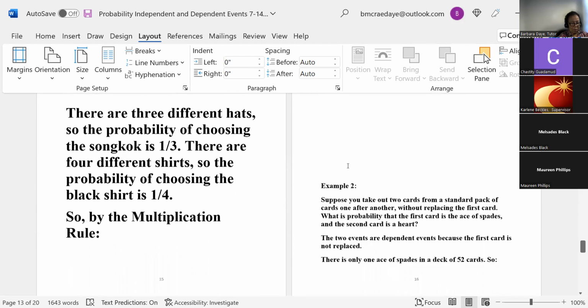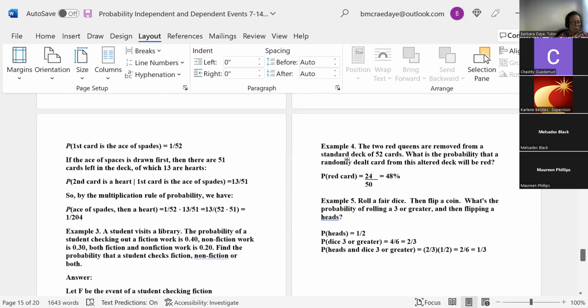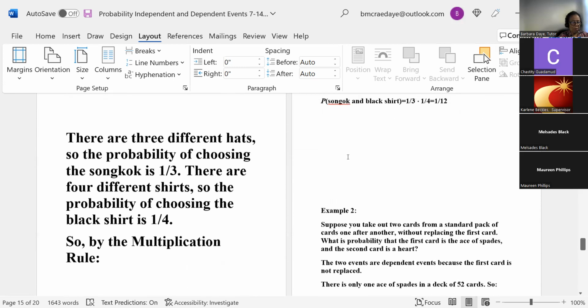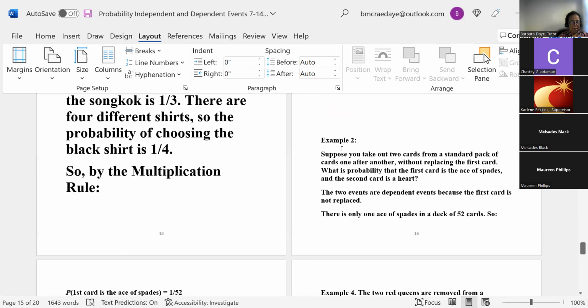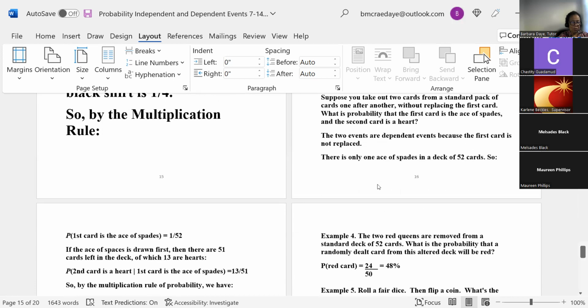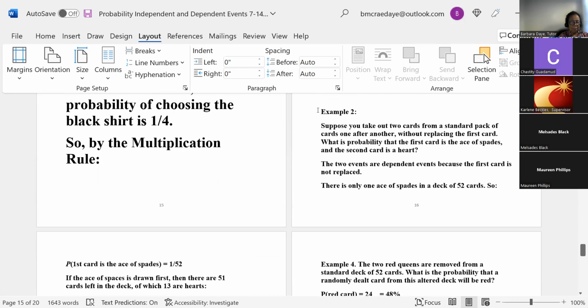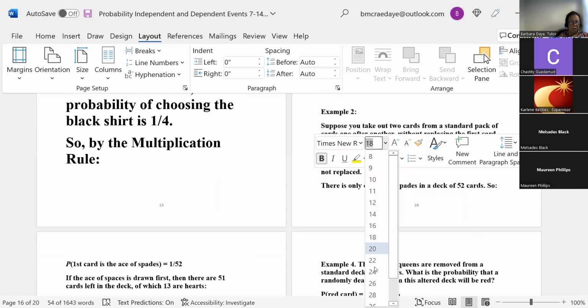Okay, now we have some cards here. We're going to go to example 2. Let me just make this bigger.